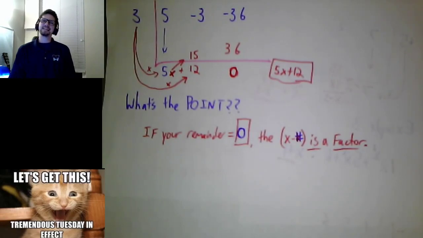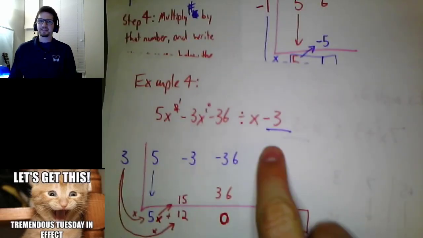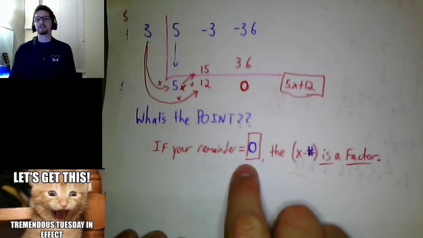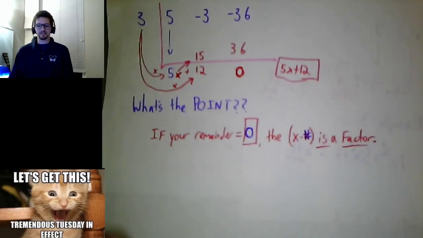If I asked you, is 2 a factor of 30? You'd say, yeah, Mr. Brown, duh. I knew that for like 20 years. If I asked you, is x minus 3 a factor of 5x squared minus 3x minus 36? You'd say, Mr. Brown, how the heck am I supposed to know that? Like this. X minus 3 does go into this number. And we know that because our remainder was 0. That's the point of it.